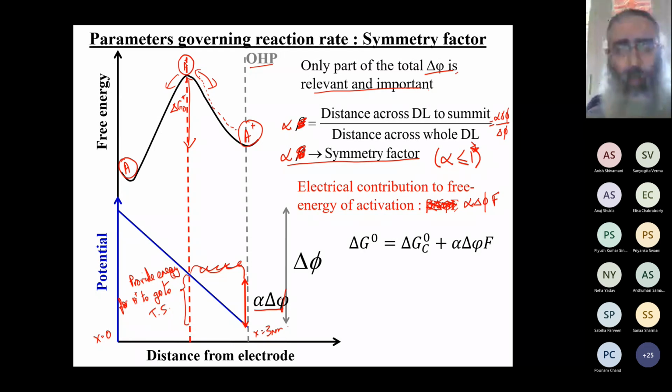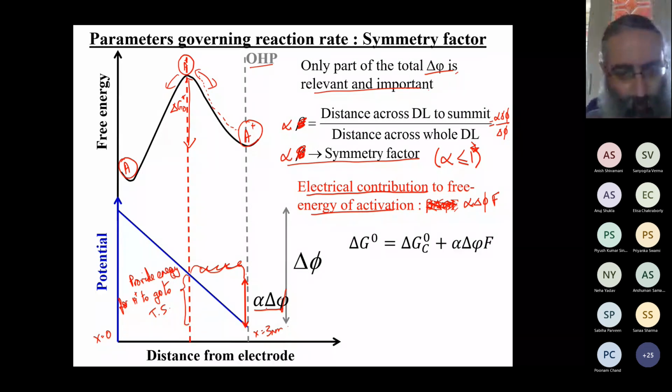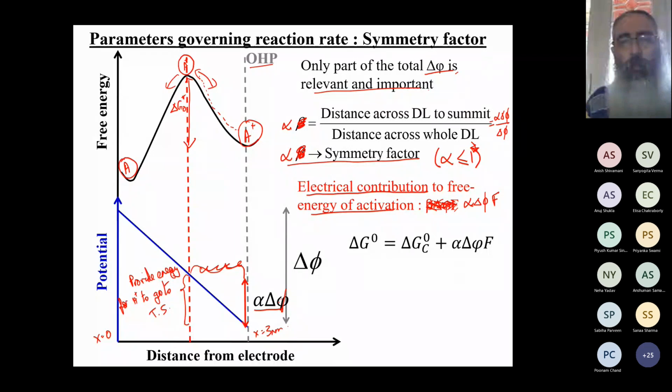And therefore the electrical contribution to the free energy of activation. So far we have said that this is a fraction of the potential that is available. If you want to convert that fraction of the potential to an energy term, all you need to do is multiply it by the Faraday. So alpha delta phi, which is the fraction of potential that is available, multiplied by the Faraday, because you could multiply it by the fundamental charge if you are talking about one ion.